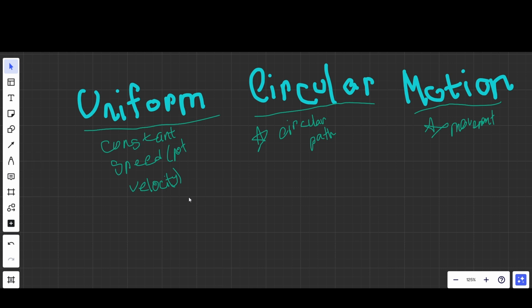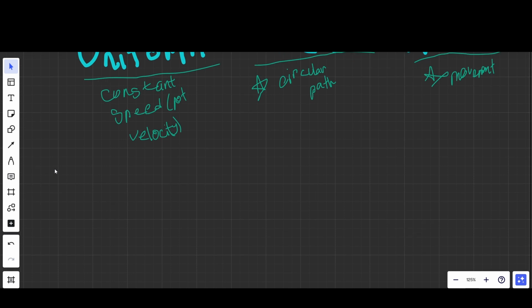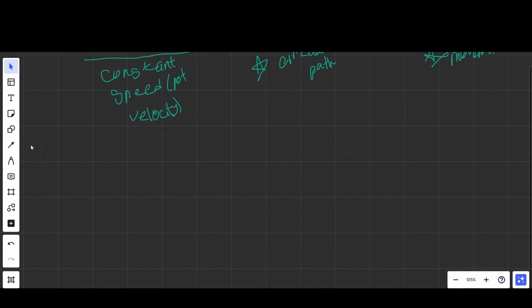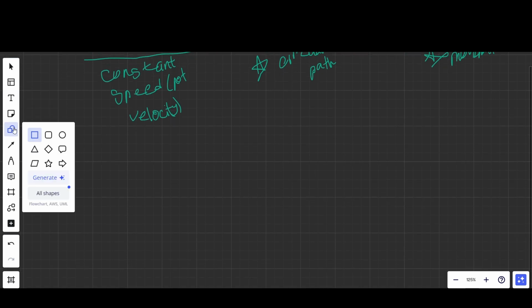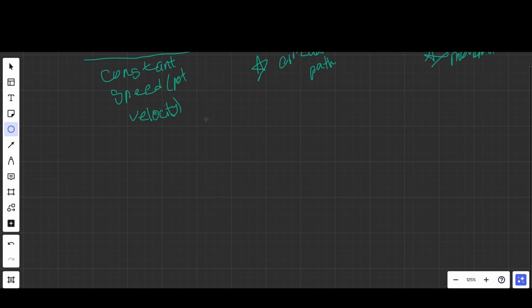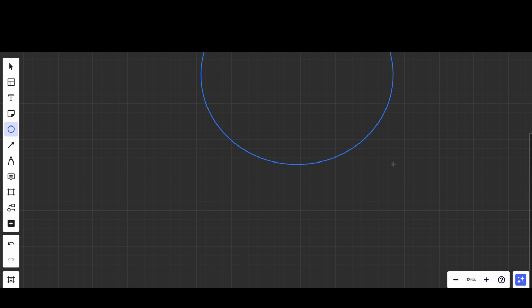So you might have heard about centripetal acceleration. I'm just gonna try to build a more intuitive sense of it. So let's start with a circle, because circular motion. Our circle kind of looks like this.